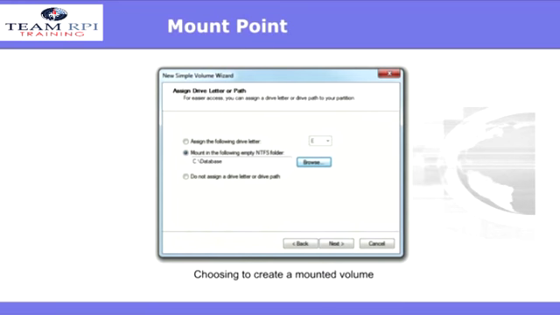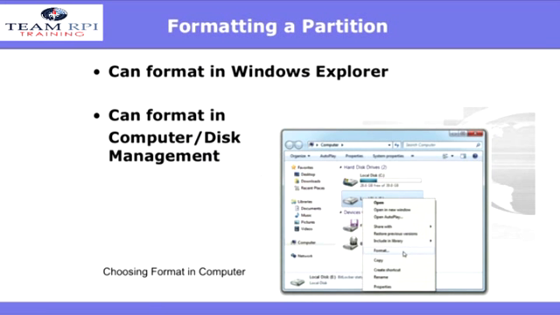From the simple volume wizard, it's easy to create a mount point. Windows makes it extremely easy to format a partition. You can do it from the Windows Explorer or the disk management console.